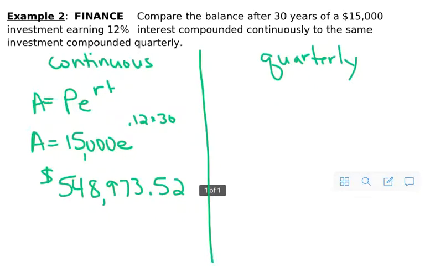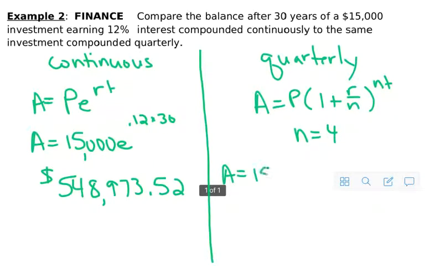All right, now we're going to do this again, but we're going to compound it quarterly. A equals P times 1 plus r over n to the nt. Quarterly tells me that n is 4. So we're going to do 15,000 times 1 plus 0.12 over 4 raised to the 4 times 30.